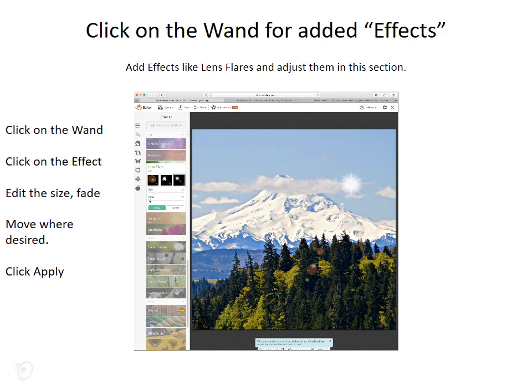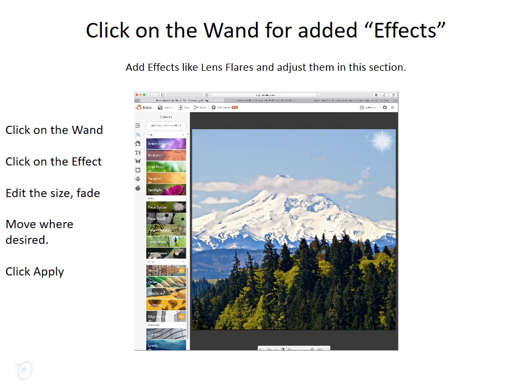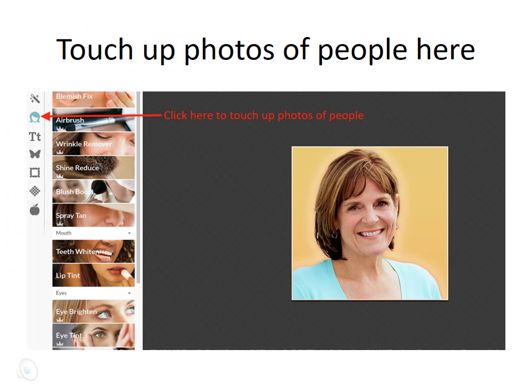And then I'm going to drag it up into the corner, put it where I want it, decide if I like it, and click Apply. You can click on the icon that looks like a woman's head to touch up your photos of people.